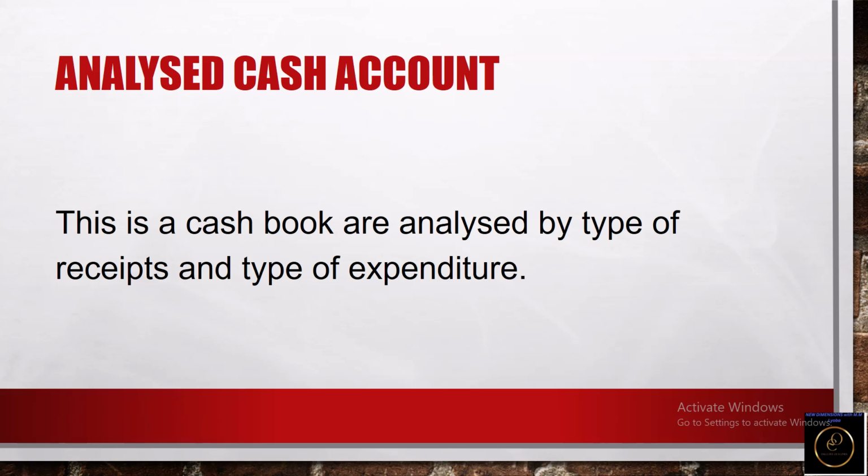So this assists when it comes to understanding what type of transactions have been experienced by a business, so that you can know exactly what caused that particular payment, or on what item or what expense the money was used, or from where the money was received. So that's what the analyzed cash book assists us to do.